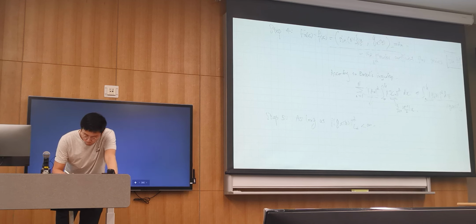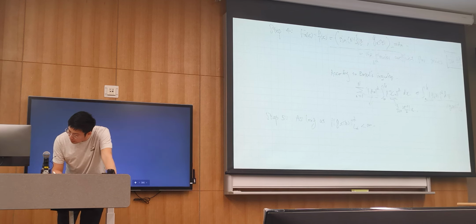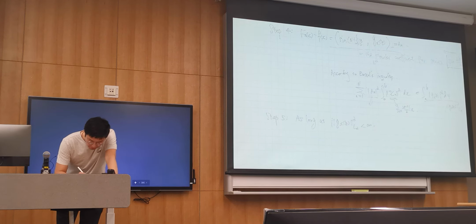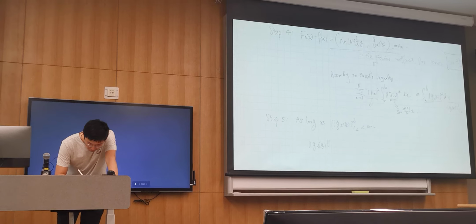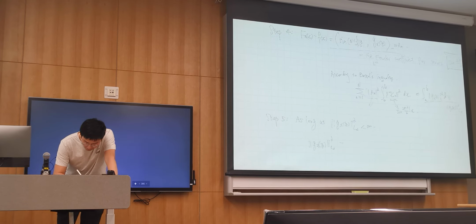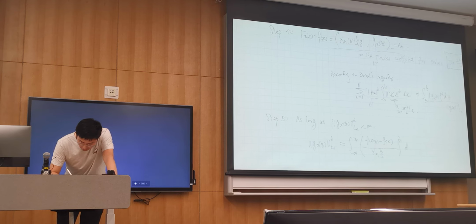But what is that? What you can see is that the square of the 2 norm of g(x,y) is actually the integration from negative pi to pi of (f(x-y) minus f(x)) over sine(y/2), squared, dx.